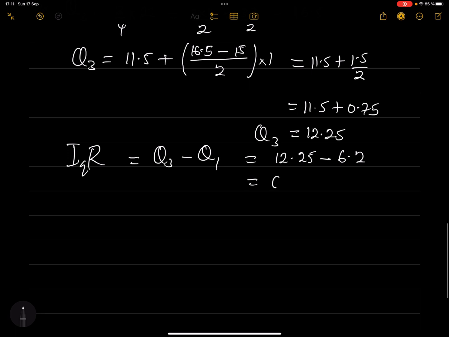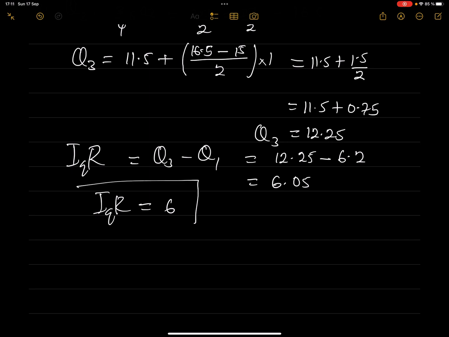So we get this to be 6.05. When you round this up to the nearest whole number, since it is discrete, you have your IQR to be equal to 6.